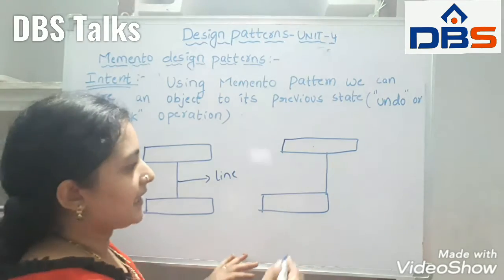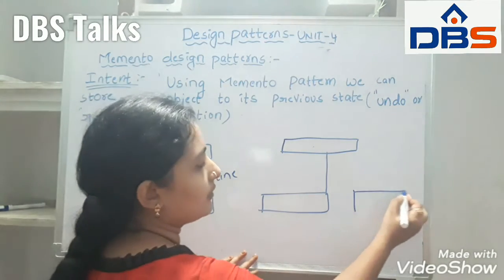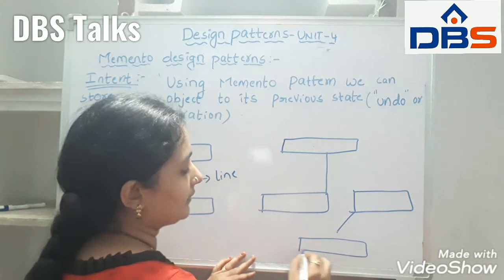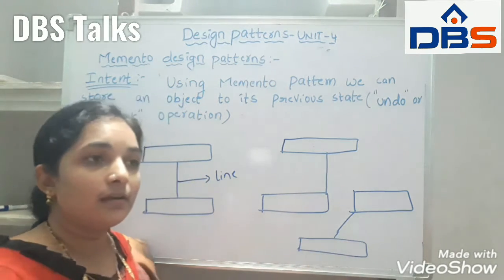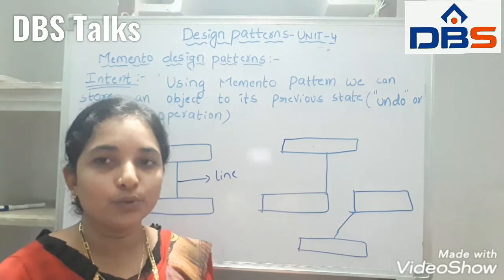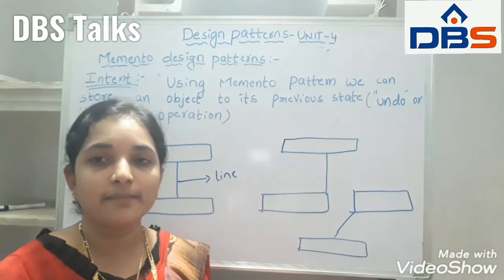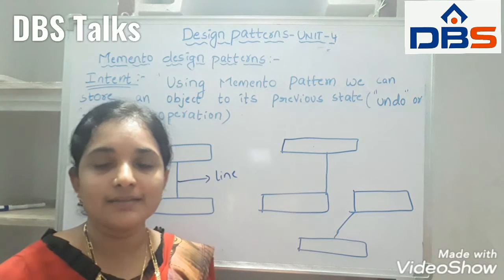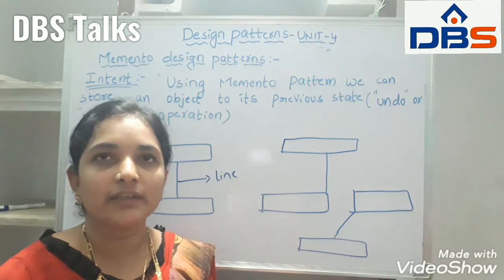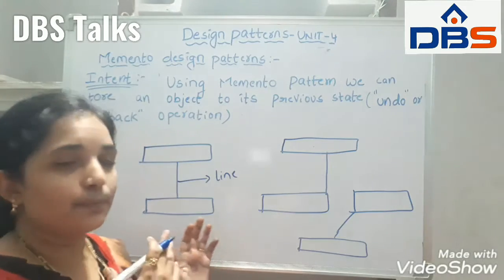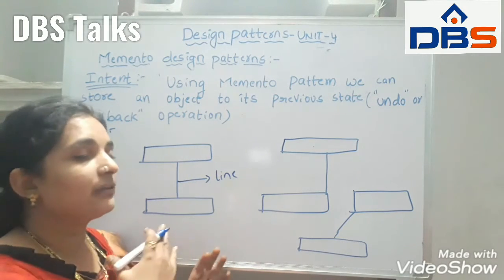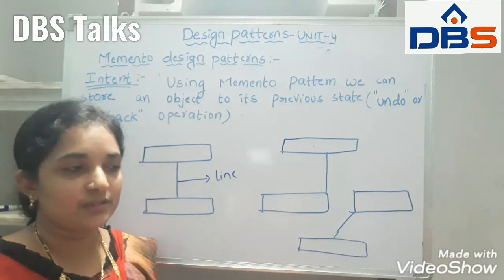This line provides the connectivity between the two rectangles. Sometimes the user moves the rectangles and the connection does not stay correct, so it is not set in the right position. The position we had first will not stay the same.